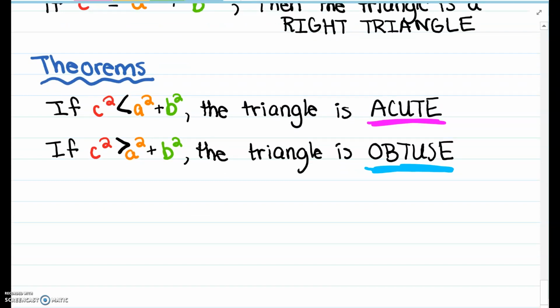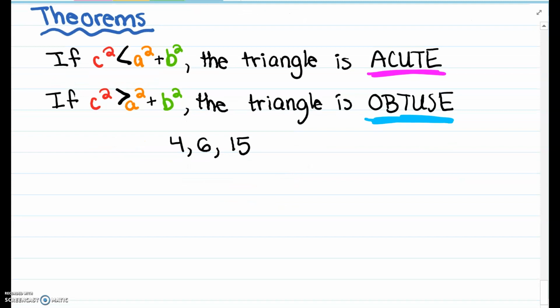Let us try this with the numbers 4, 6, and 15. All we have to do is plug it into the Pythagorean theorem equation. So we get 15 squared equals 4 squared plus 6 squared.